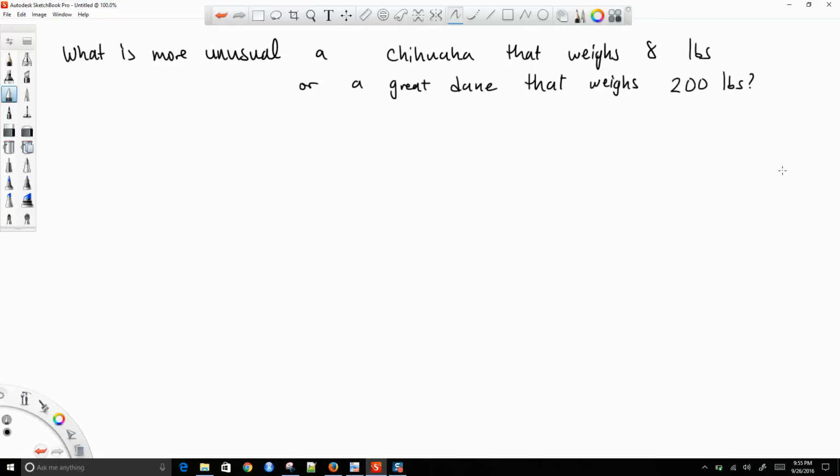Okay. Well, in order to answer this question, we need to know something about Chihuahuas. We need to know something about Great Danes. Okay. And so I did a little bit of research. You can go on Google yourself and find out. As far as Chihuahuas go, these are these little tiny dogs. The average weight of a Chihuahua is something around 4.5 pounds, okay? And the standard deviation for Chihuahuas, just for simplicity, we're gonna say is 1 pound, okay?